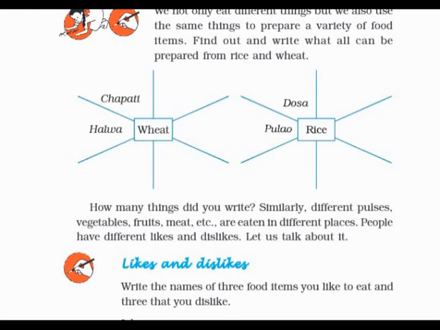So you have to find out some more dishes that can be prepared with wheat and rice. How many things did you write? Then find out and compare the things that you have written.